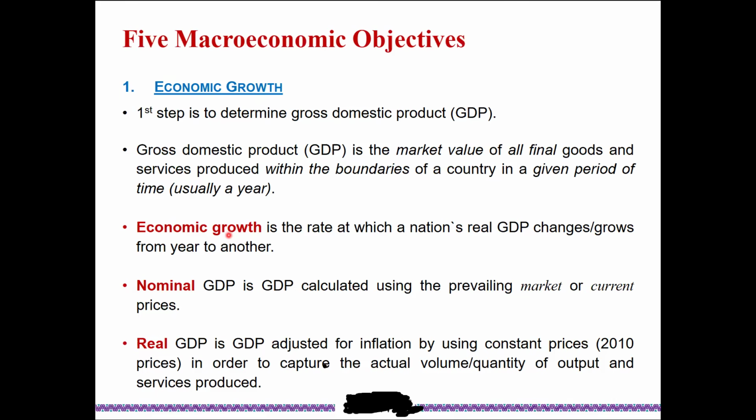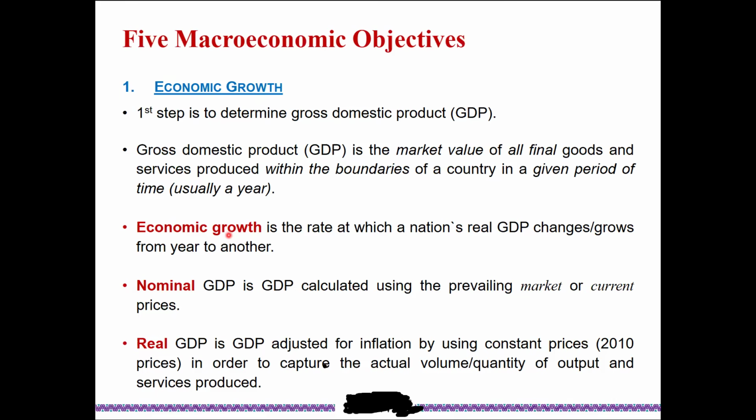Okay, let's continue. So economic growth is just an increase in the production or an increase in real GDP. Nominal GDP is GDP calculated using the prevailing market price or the current price. It can also be called GDP at current prices or GDP at market prices.